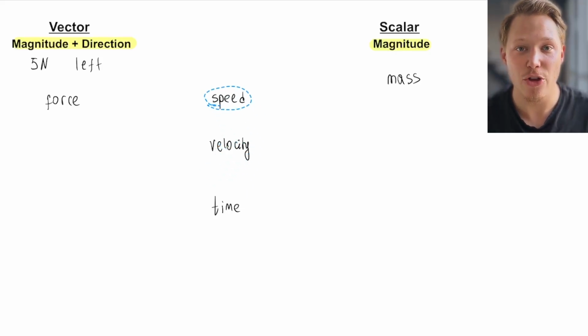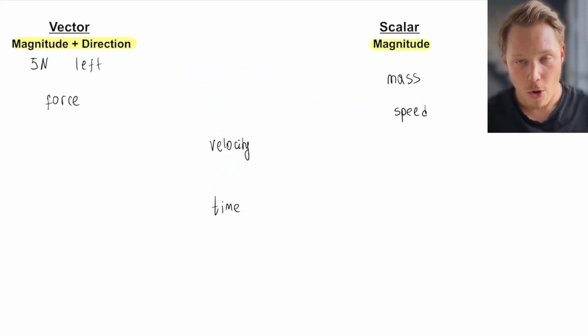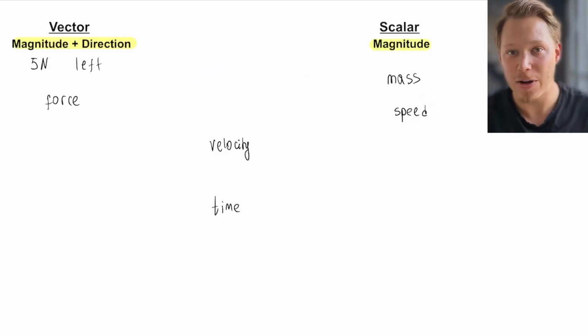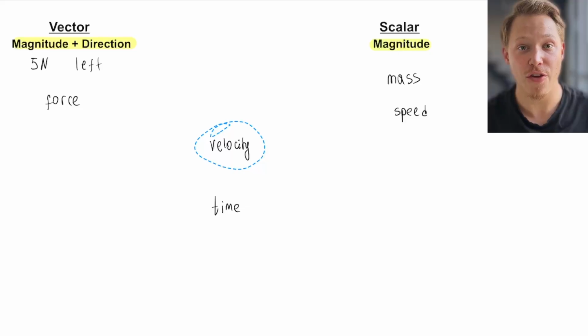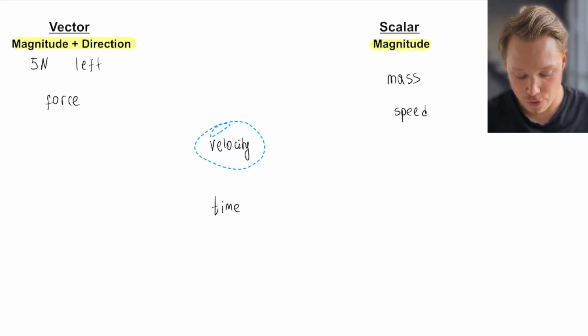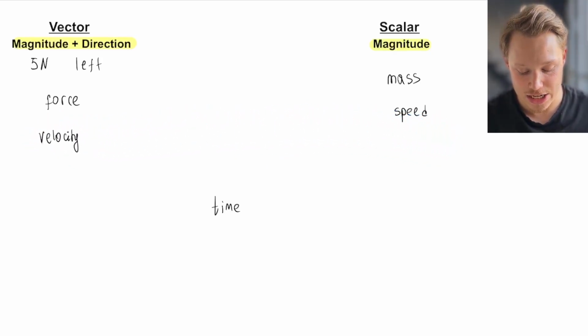But it doesn't tell you the direction. Therefore, there's only a number, right? 50 miles an hour, but with no direction. Velocity would be like saying I'm moving 50 miles an hour north or I'm moving 50 miles an hour south. So velocity is similar to speed, but the only difference is that it has a direction.